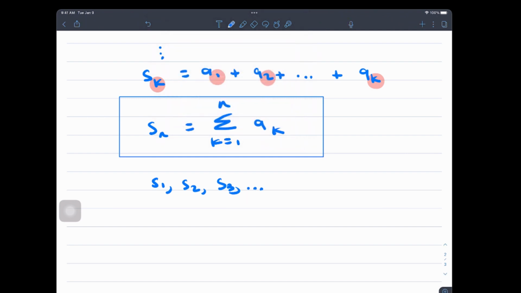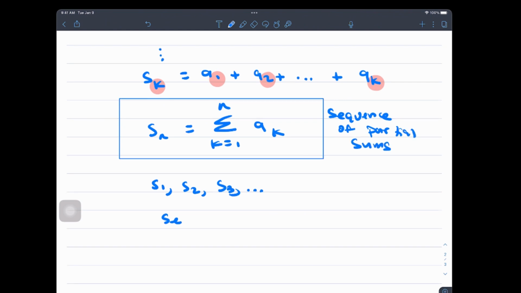This is called the sequence of partial sums. So this is just notation now. You start when k is 1, and this is your index, k, and you end at n. That's the sequence of partial sums, your first n terms.